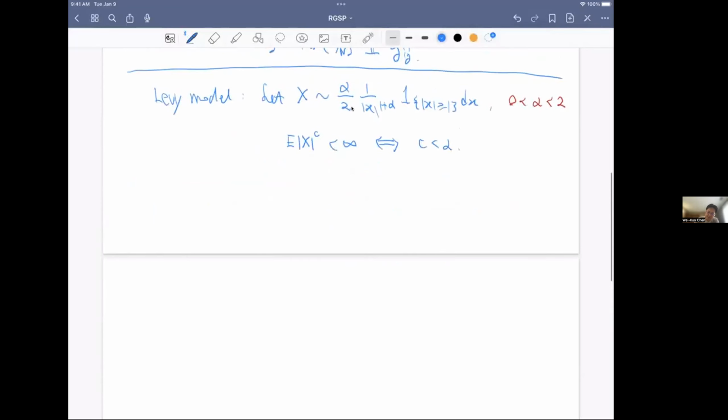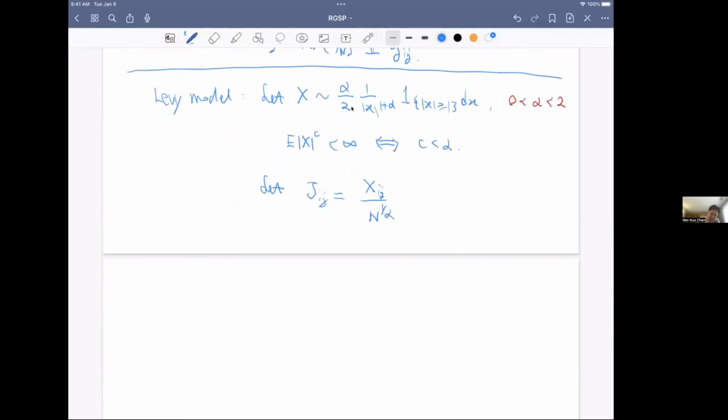And then the Hamiltonian of the Lévy model is defined in terms of the Jij. So this will be written as Xij, those are the IID copies of X divided by n to the 1 over alpha.